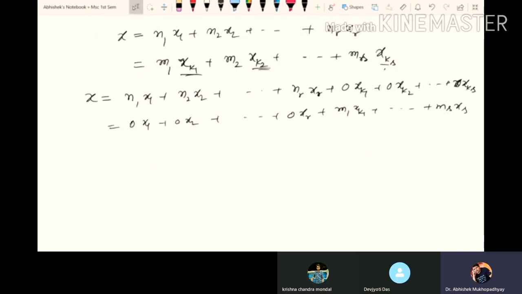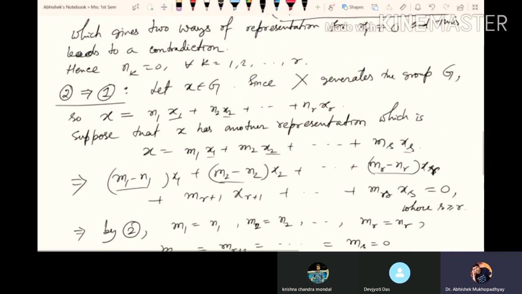So we will consider all these elements x1, x2, ..., xr, xk1, ..., xks together and rename them as x1, x2, ..., xs. So for that reason we have considered this x1, x2, ..., xs.